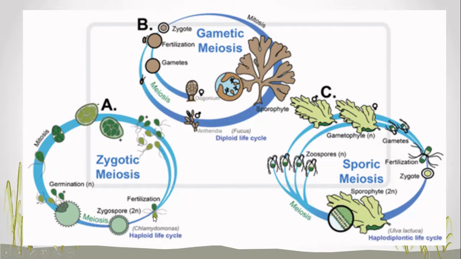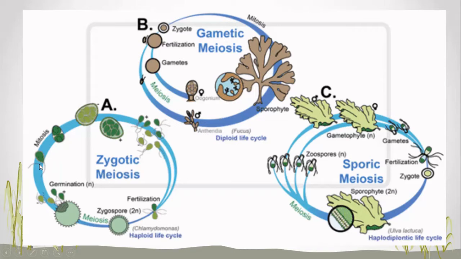Once they have fertilization, it forms a zygospore instead of a zygote, another form of zygote. Then the zygospore undergoes meiotic division. Once it matures, it releases haploid cells.